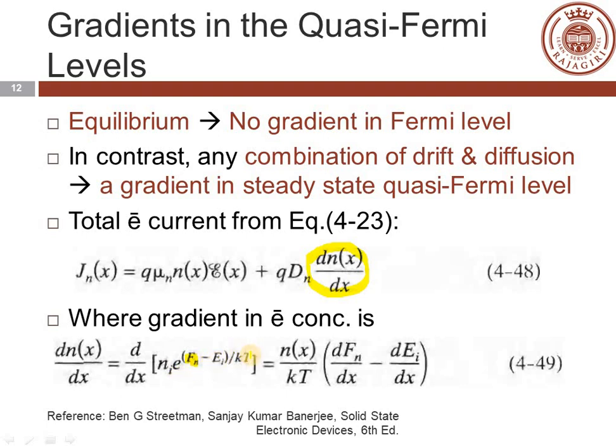It is similar to the equation for n0, which was ni into e to the power (EF minus Ei) divided by kT. Instead of EF, we have kept Fn because it's a steady state value that keeps changing. Now, you take the derivative of this term, you'll get the expression n of x by kT into d by dx of Fn minus d by dx of Ei. Now, substitute it in the previous equation, 48, substitute it.